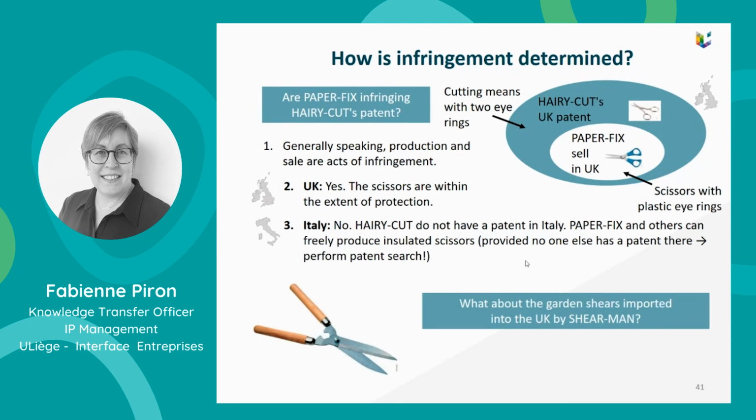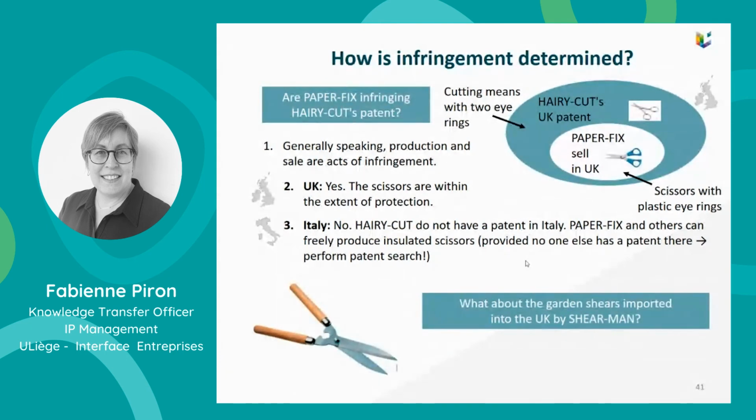So, there is another question. Is it clear for this point? So, the first step to evaluate the infringement was, firstly, are those acts considered as acts of infringement? Yes. Sale or production are considered as acts of infringement.